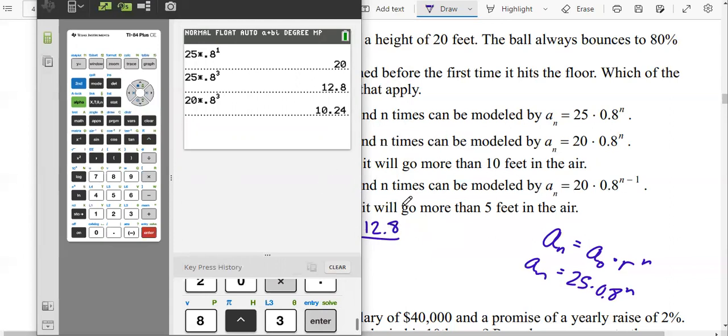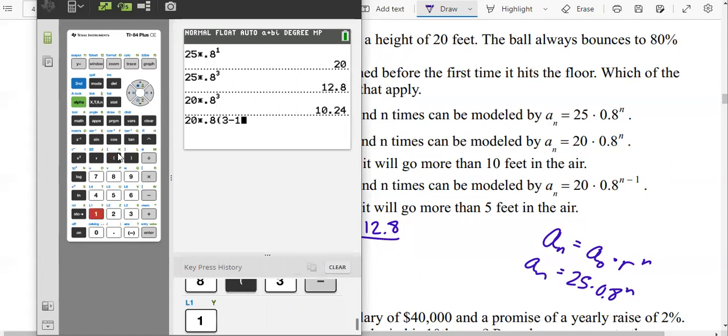Let's try the other equation while we're here, equation D. And that may look different to you. It may, because it has a subtraction in the exponent. That's just a horizontal shift to the right 1. It looks a little different with exponential functions, but if I want the third term, I plug in 3 for n, and let's see what happens. Whoops, this is supposed to be an exponent. I'm not going to do it.